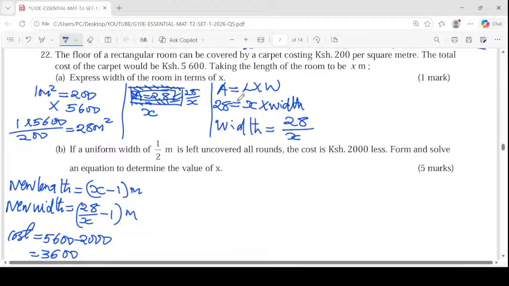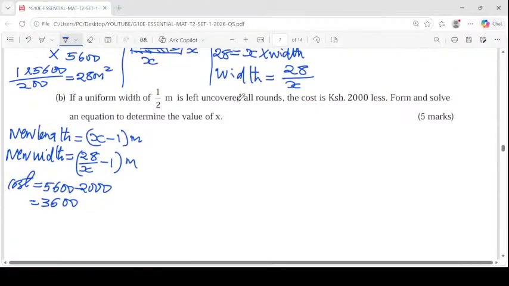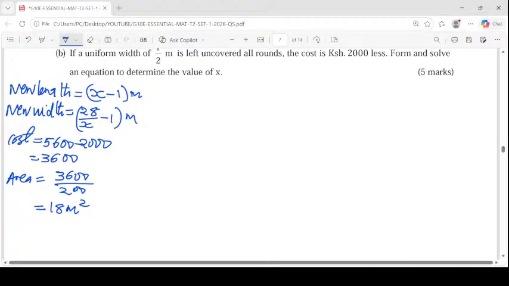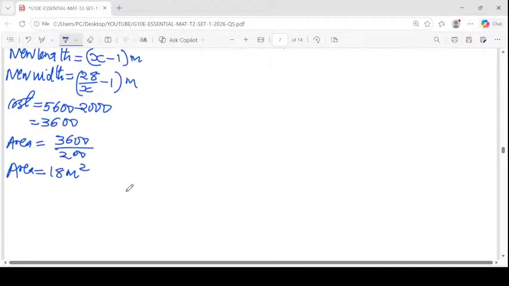And to get the area of the carpet, you'll be taking the total cost, 3,600, divided by the cost per unit, which is 200. This gives you 18 square meters. So the area is 18. This is the area. Form and solve to get the value of x.